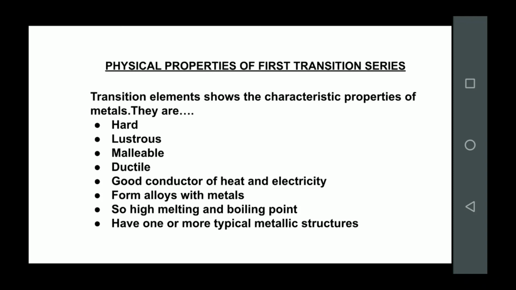They can form alloys with other metals. They exhibit high melting and boiling points, and have one or more typical metallic structures, that is BCC, HCP, like this. Okay, so all these come under the physical properties of the first transition series.